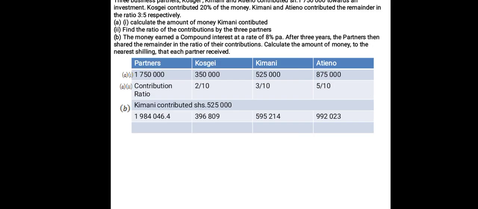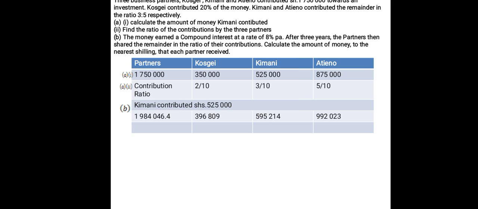Three business partners, Kosgei, Kimani, and Atieno, contributed 1.75 million shillings towards an investment. Kosgei contributed 20% of the money. Kimani and Atieno contributed the remainder in the ratio of 3 to 5 respectively. A. Calculate the amount of money Kimani contributed.